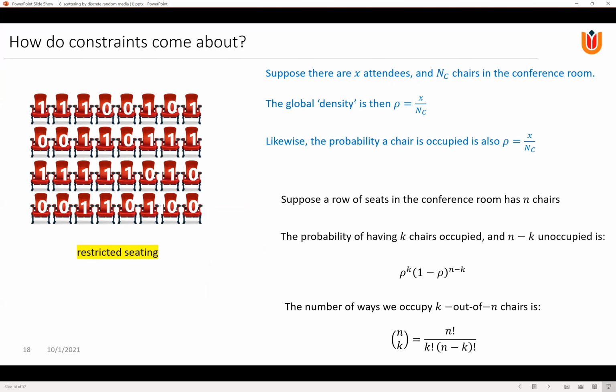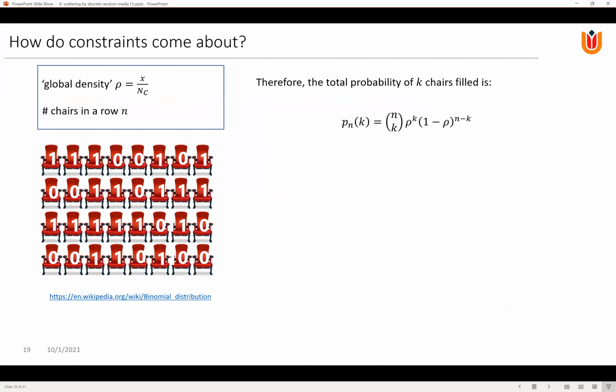So we have n chairs in that row, and we want to fill that with k people. The number of distinct ways of doing that is given by the binomial coefficient n over k expressed here. So in the end, that means that the probability of filling k out of n chairs in that row is given by the binomial distribution, like this.